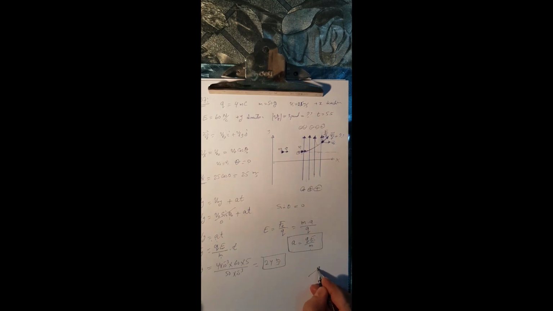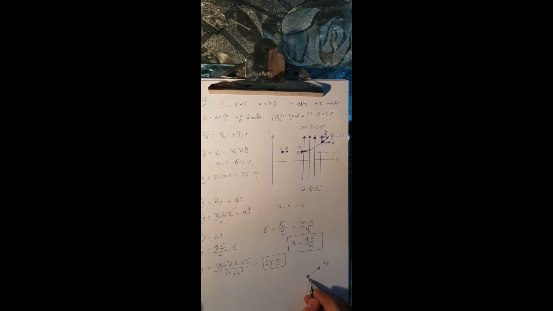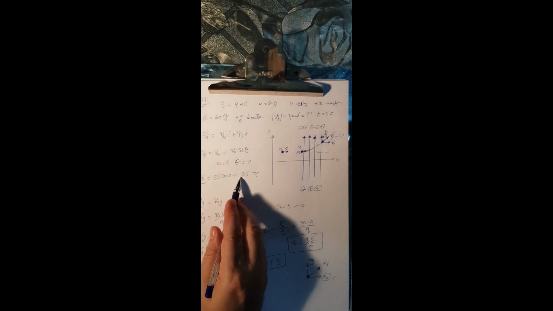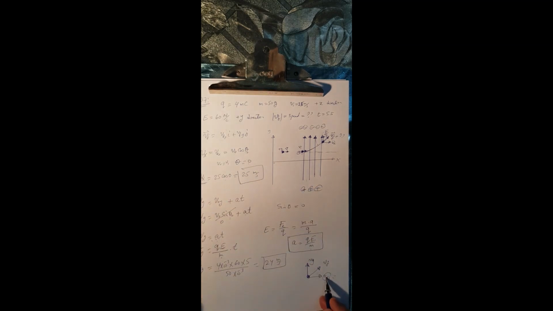Remember, V final is in this direction for the charge. It has two components, Vx and Vy. Vx we said is the same as V naught x, 25. So we found Vx, 25, and Vy, which we found equal to 24. So how much is V final as a value, as a speed?